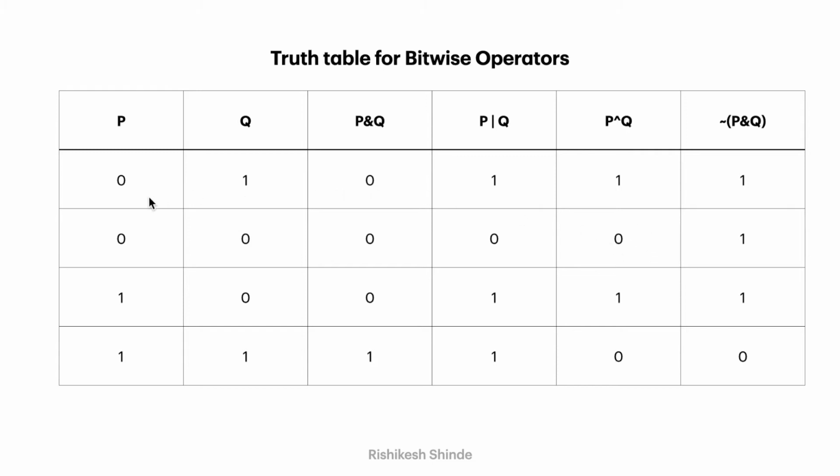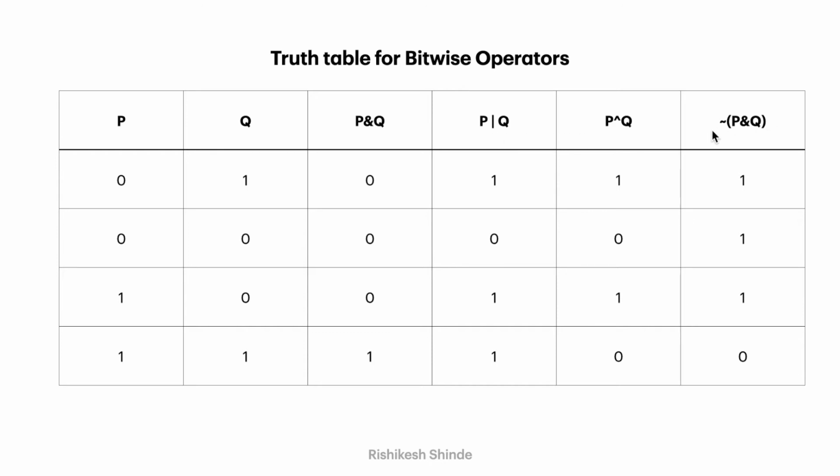In the first row, you can see that P is 0 and Q is 1, so we result in an output of 1. But in the second and fourth rows, you can see that we have zeros or ones in both P and Q, so we result in 0 as the output. So this is how AND, OR and XOR work.